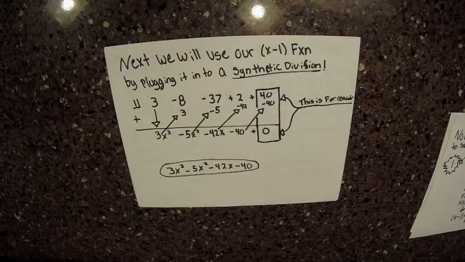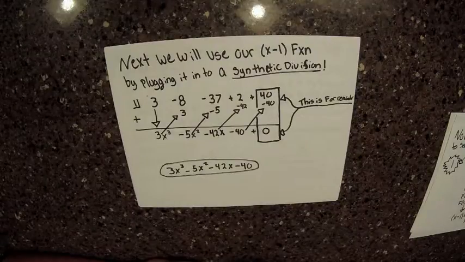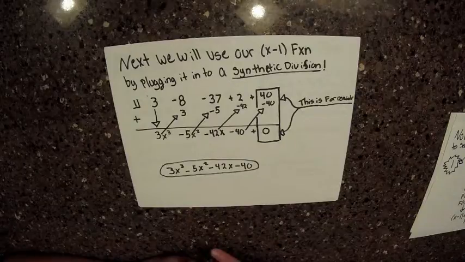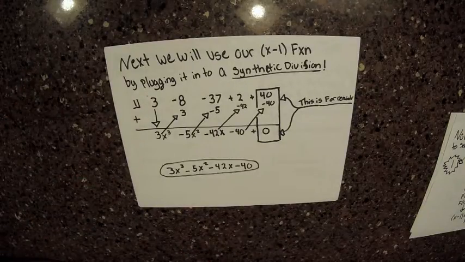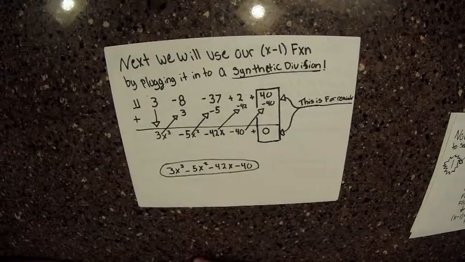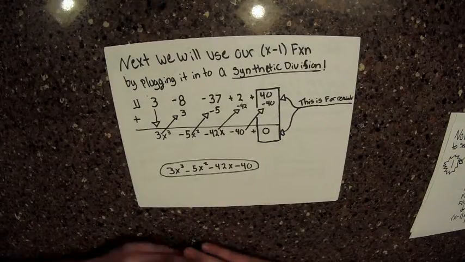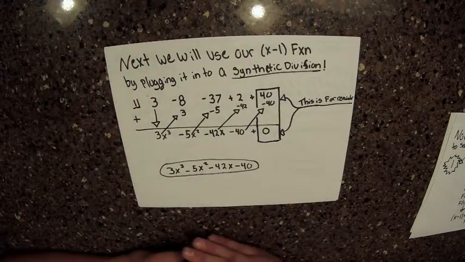All I did there was take the leading coefficient of each term and put it there. Since it's 3x to the fourth, you put 3. Next, since it's minus 8x cubed, you put minus 8. And so on for the rest of the equation.